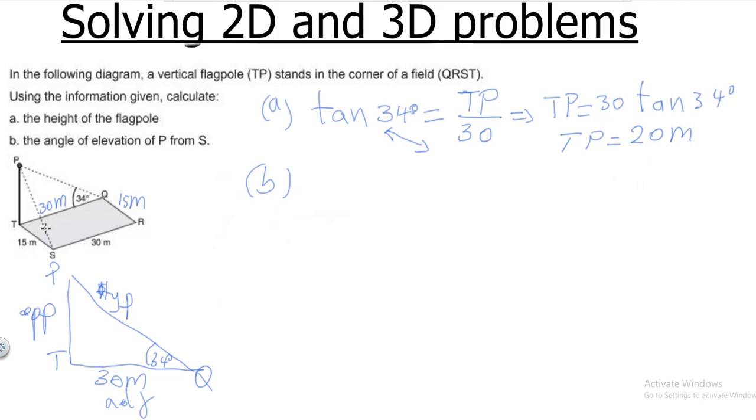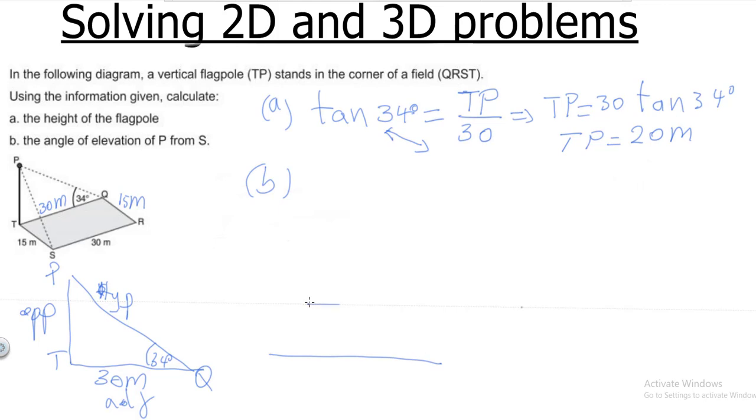So what is the angle of elevation? When we have a line like this, we say from this line we raise. Let me show you what we call the angle of elevation.